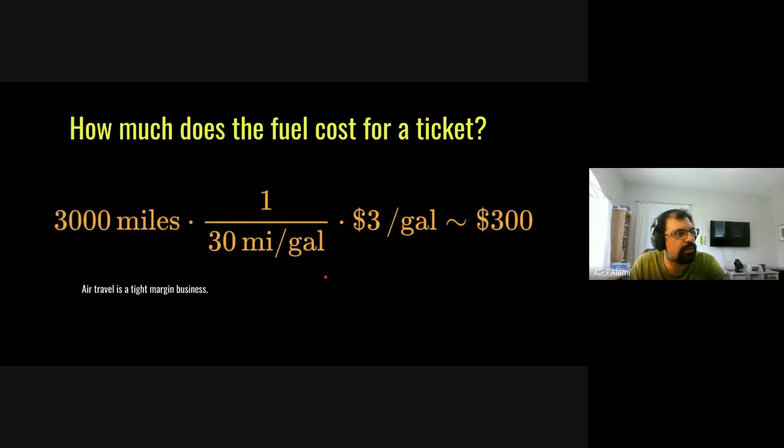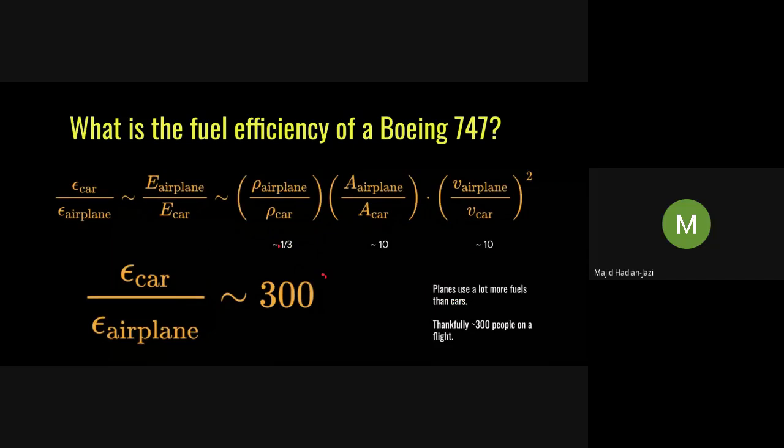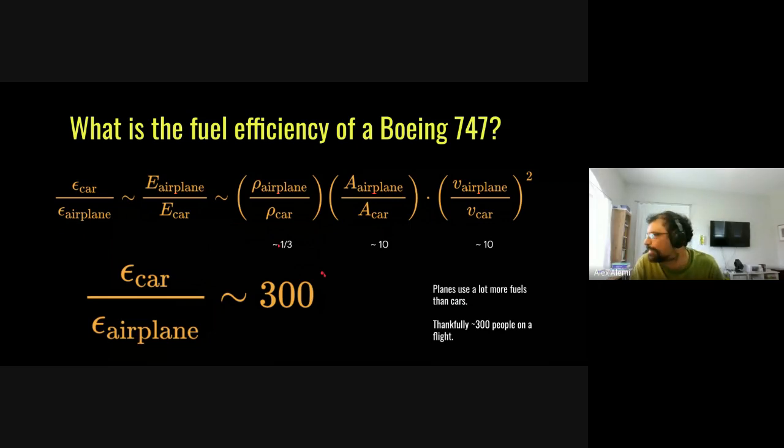Once we figure that out, we can figure out how much the fuel costs to fly the airplane. Just to advertise for traveling by air, this is assuming that the car is always moving. If you factor in traffic, then airplanes are much better. I suppose that's true.